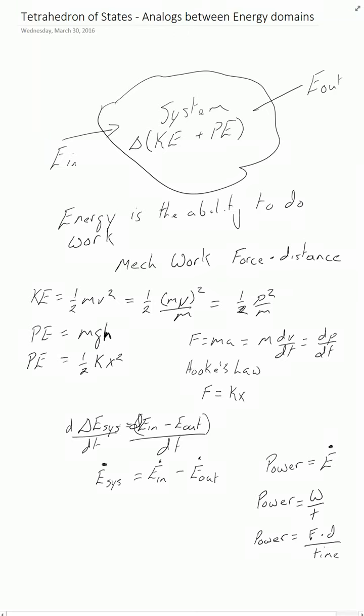We're going to assume for right now that force is constant, and so distance over time is velocity, so power is equal to force times velocity.